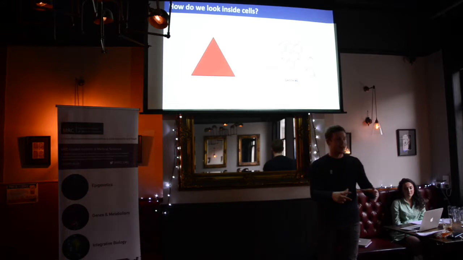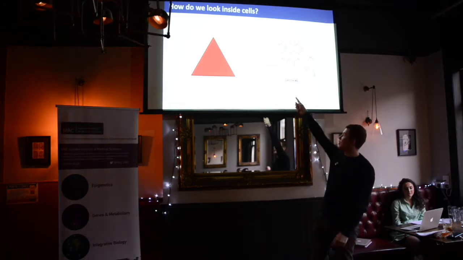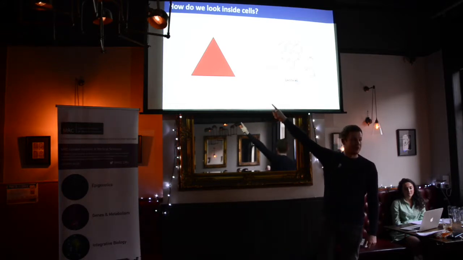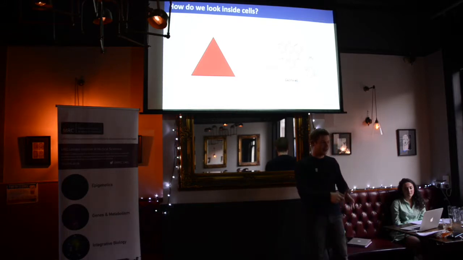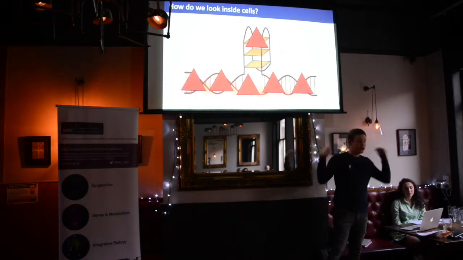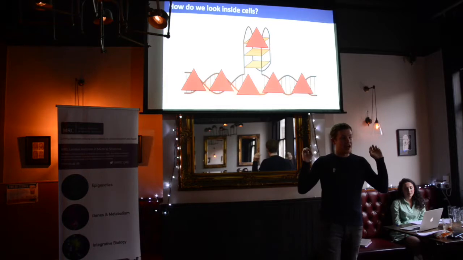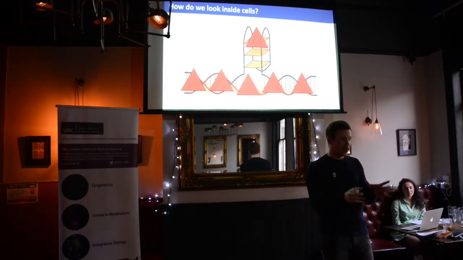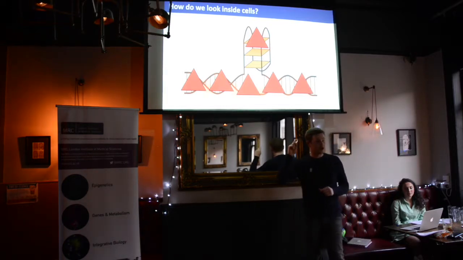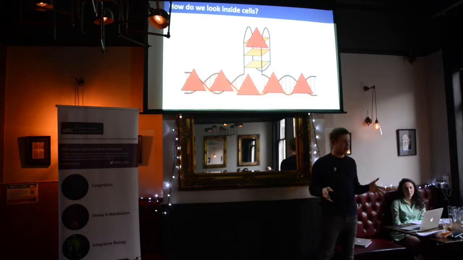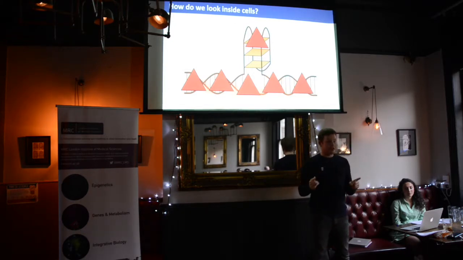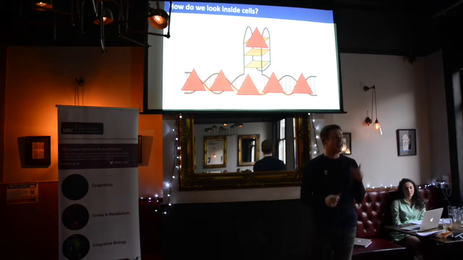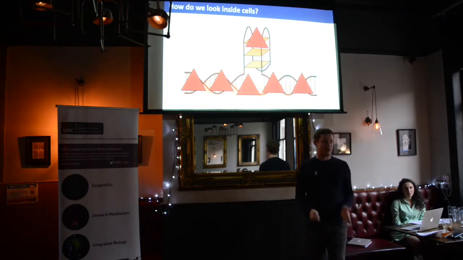So we'll have our cells, we'll have our triangulenium molecule, which for now we're just going to represent by this triangle, and it will go inside the cell. And it will bind to all the DNA, and when we pulse a laser at it, we shine light at it, all of these molecules will fluoresce. They'll send photons of light back out at us. But they'll send out photons of light at different times depending on what they're stuck to.